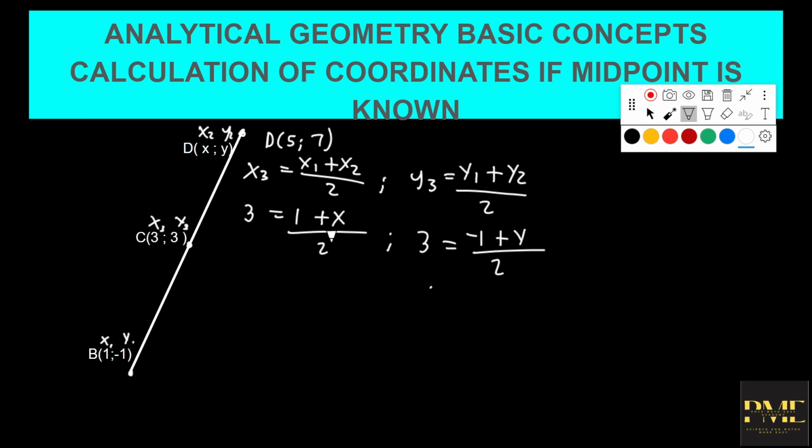To get rid of that denominator, you multiply by it on both sides. So multiply by 2 here, and by 2 here.